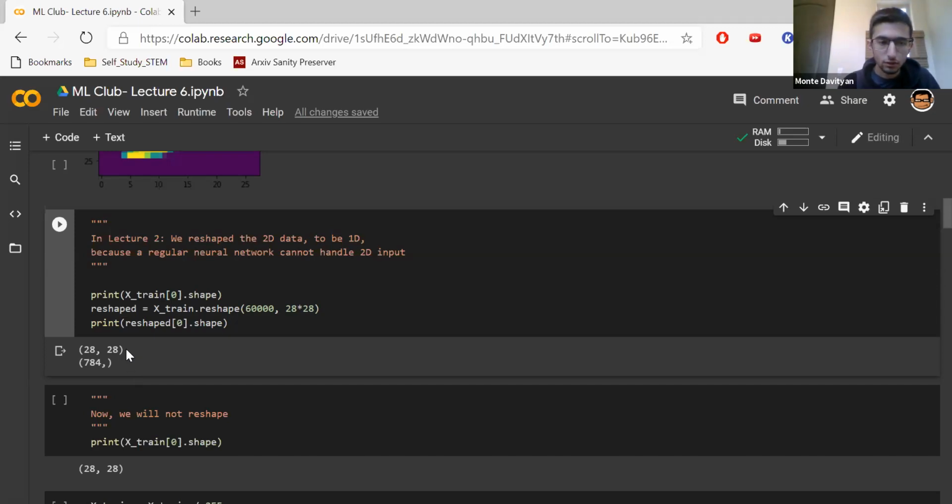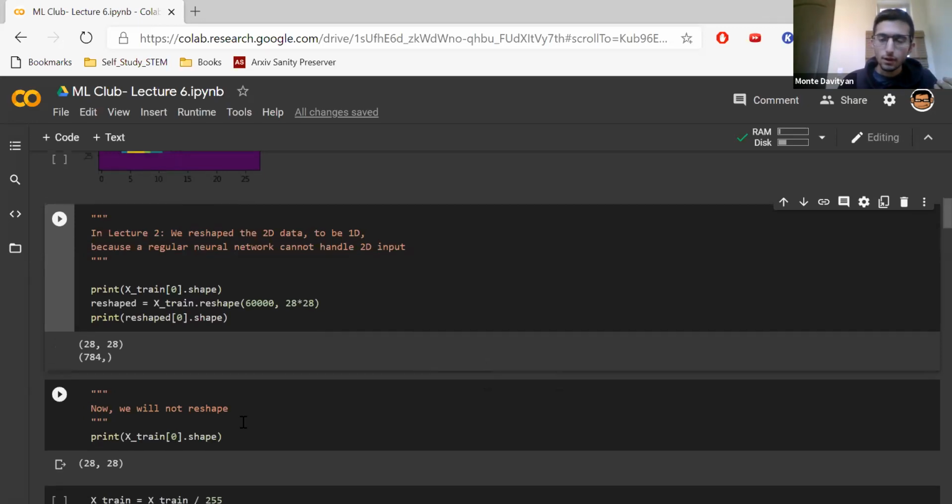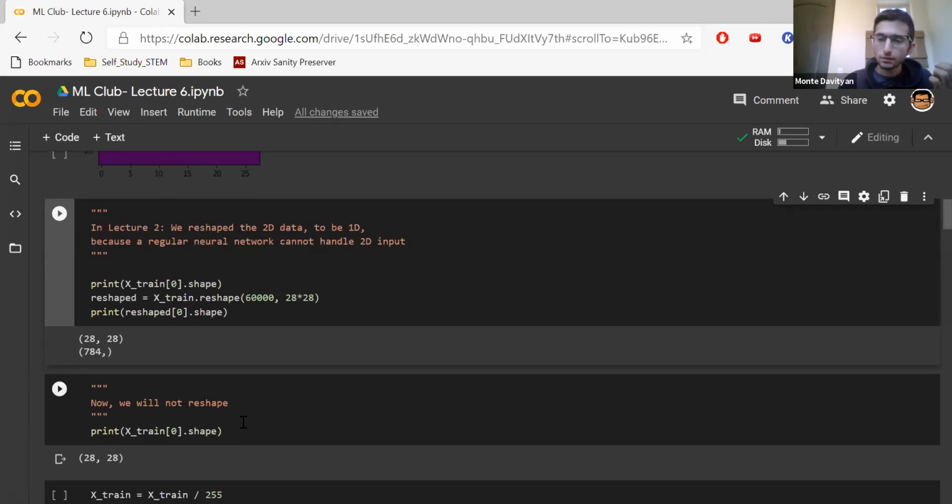And so you can see here, this is originally a 2-dimensional image, but then it becomes a 1-dimensional array. And where does this 784 come from? It's the 28 times 28, which corresponds to 784. We talked about why this has downsides in the last lecture.